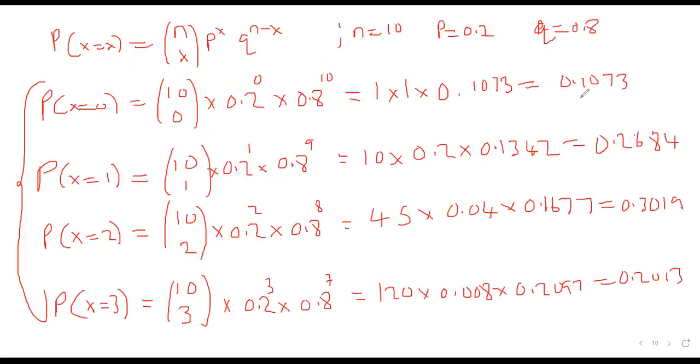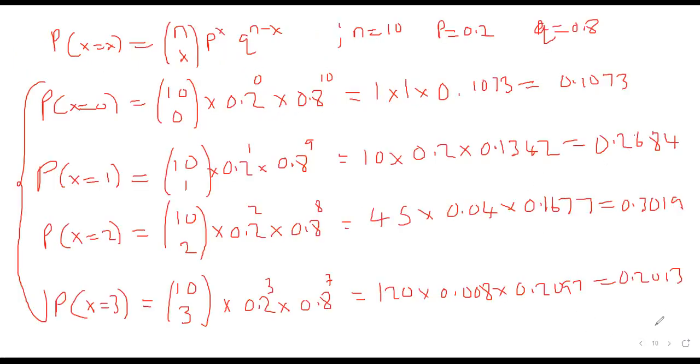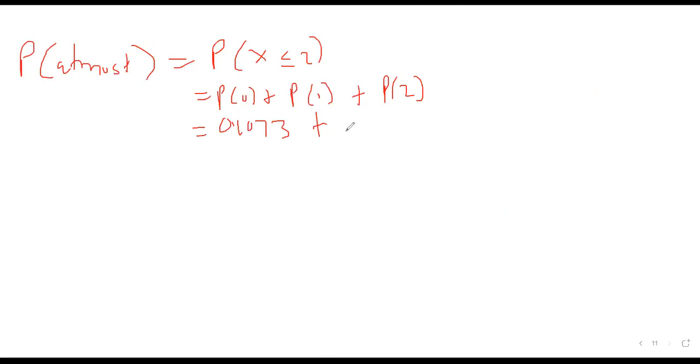So what was the probability of 0? 0.1073. You put your 0.1073 here. What's the probability of 1? 0.2684. You put your 0.2684.